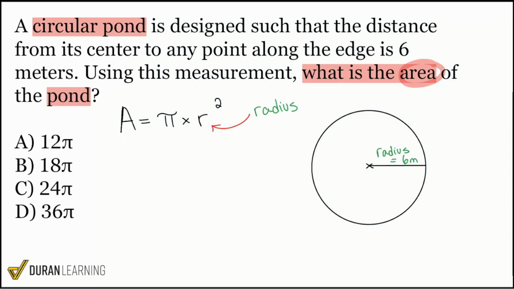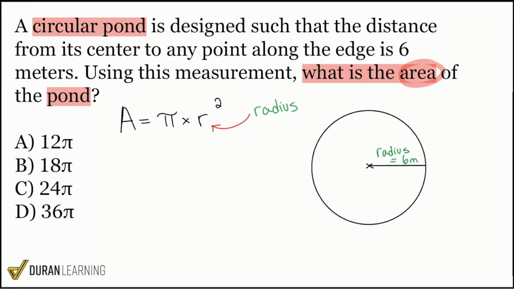Circumference, there are two formulas. One is with radius, one is with diameter. The area formula for a circle only uses the radius. And luckily, that's what we're given here. From the center to any point on the edge, that is the radius. Everybody, yes or no, can we confirm that we have the radius, we can plug it in, and we can be done?